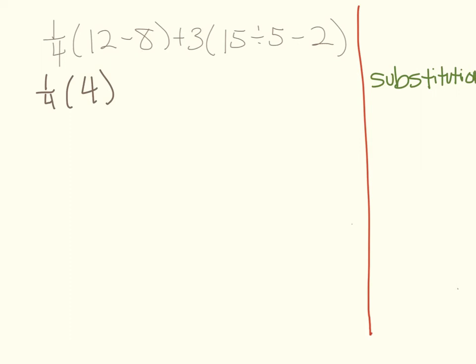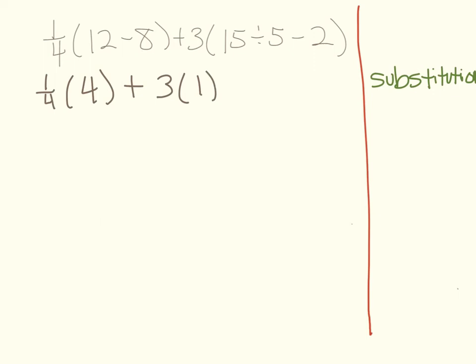Didn't leave myself quite enough room there. Then we're going to also do the same thing. We're going to do some substitution inside the second set of parentheses. So 15 divided by 5 is 3. 3 minus 2 is 1. So we're substituting 1 for what's inside the parentheses.